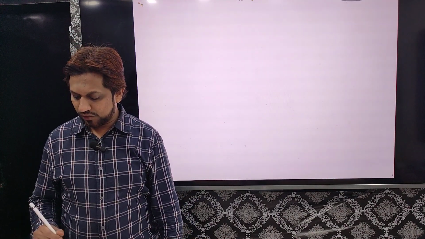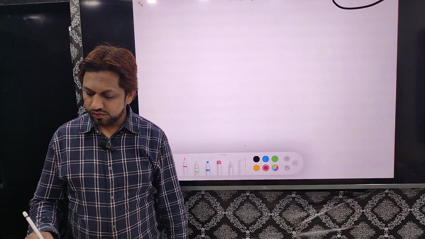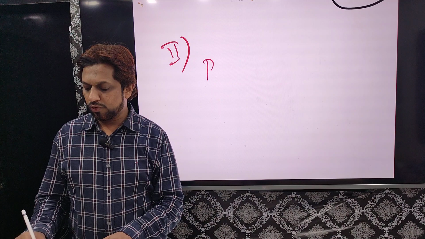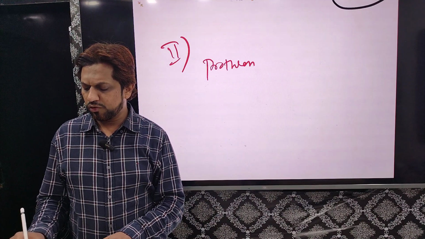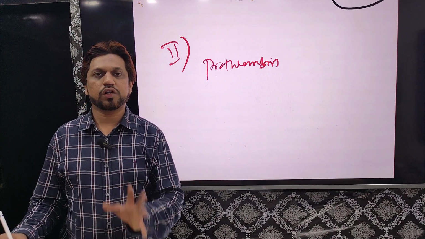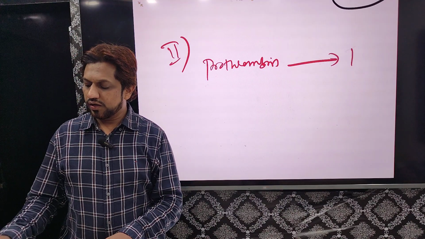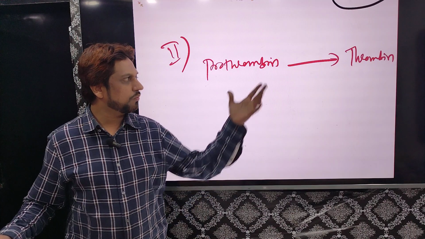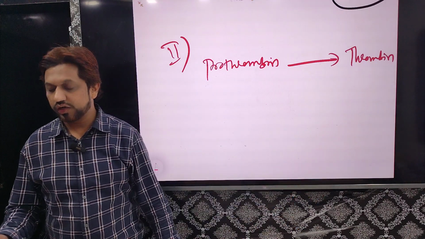Then the second step in blood clotting is conversion of prothrombin to thrombin. Prothrombin is a plasma protein having a molecular weight of 68,700, and it gets converted into thrombin. Thrombin is a low molecular weight substance, almost half of this, around 33,700.